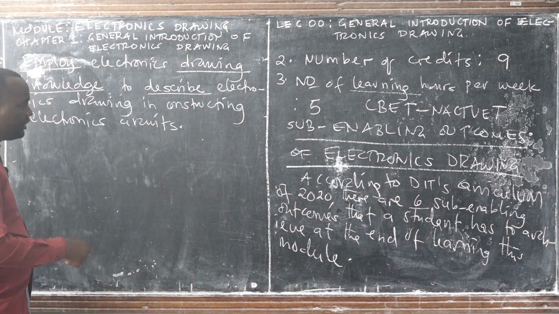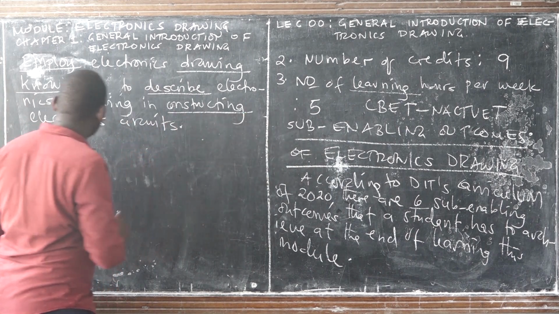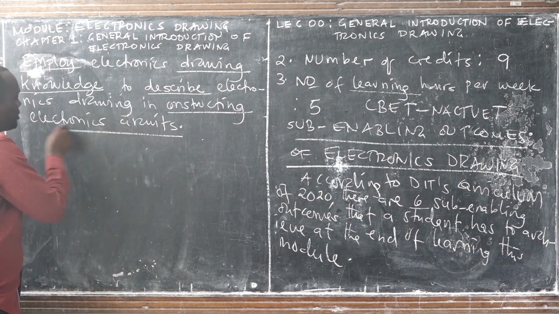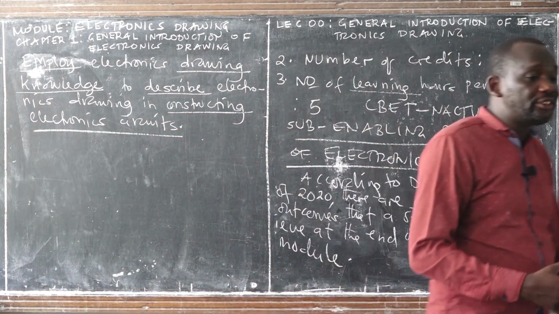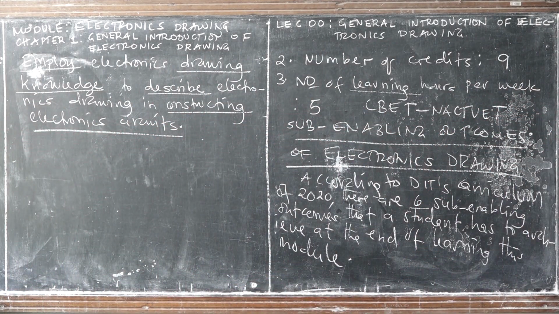Electronics drawing in what? Constructing what? Electronic circuits. So this module will not teach you about electronic circuits. This module will teach you how to employ electronics drawing knowledge to describe electronics drawing in constructing electronic circuits.